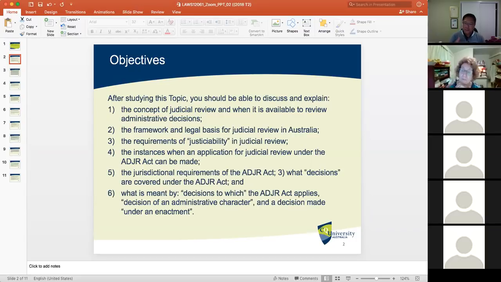Let's assume that a law has been passed by the parliament, and that particular law or enactment provides that any decision by the executive, it could be about matters of terrorism, national security, matters pertaining to immigration, whatever, is beyond the power of judicial review.